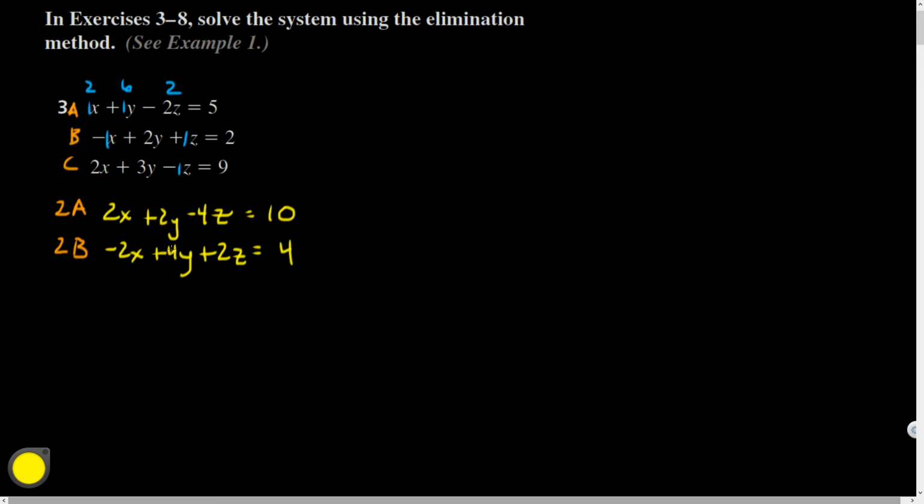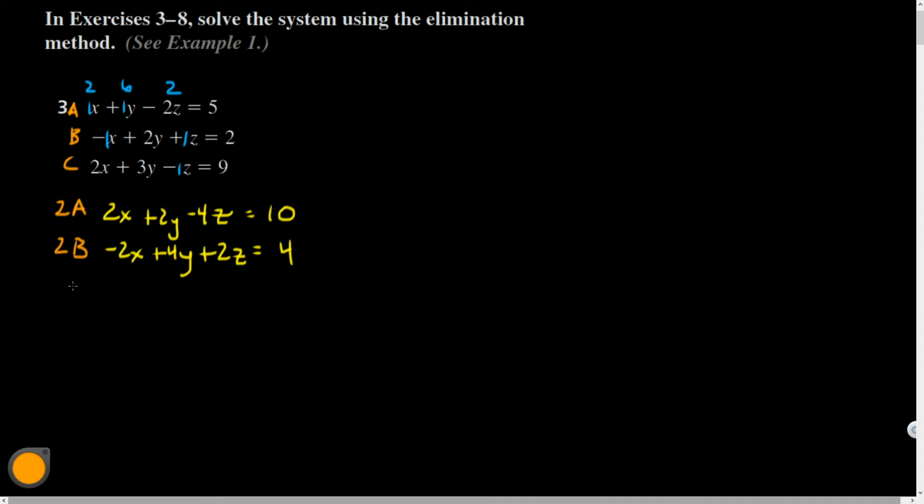Now I can combine these, adding pairs of them together in order to eliminate. Since the 2B version has the negative 2x, I'll add it to 2A and I'll add it to equation C to eliminate. Here we go.